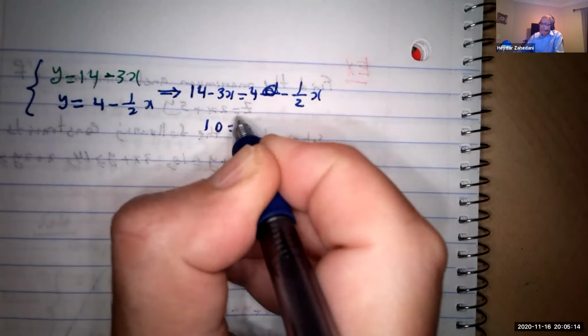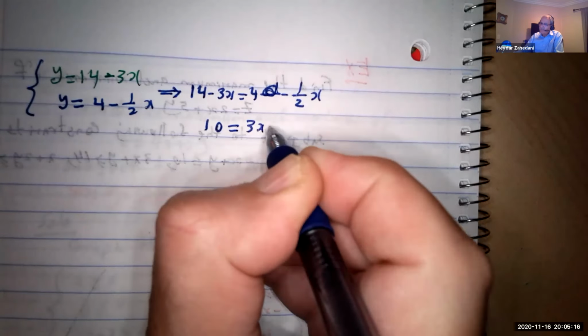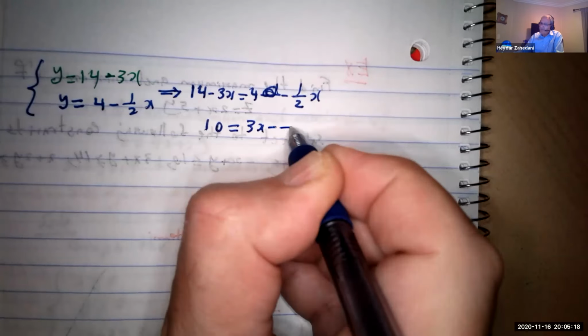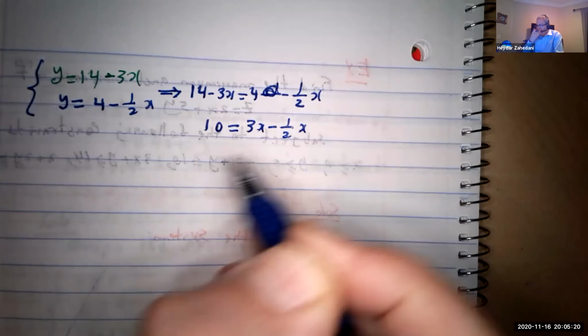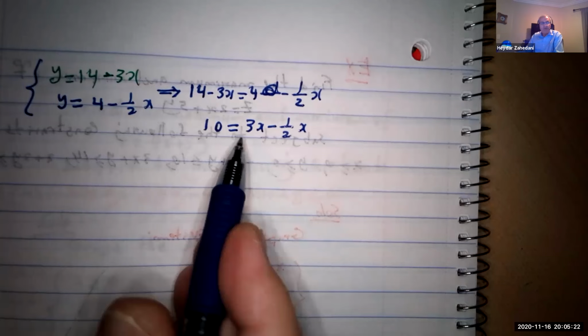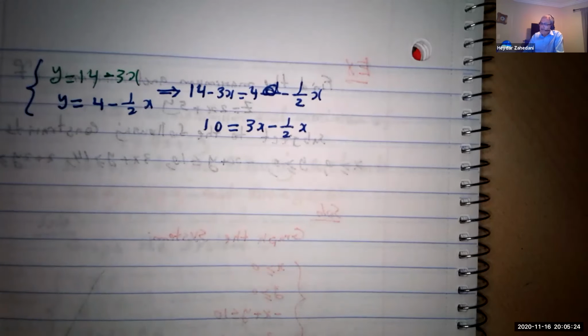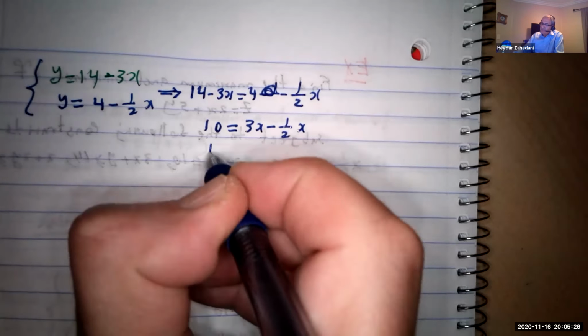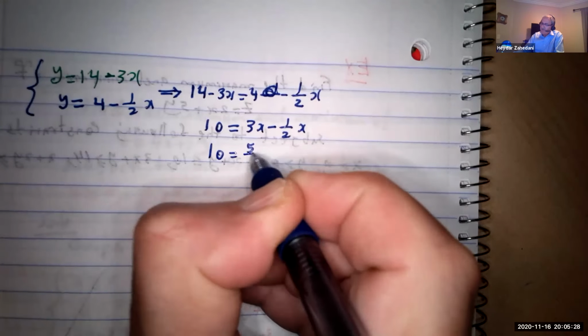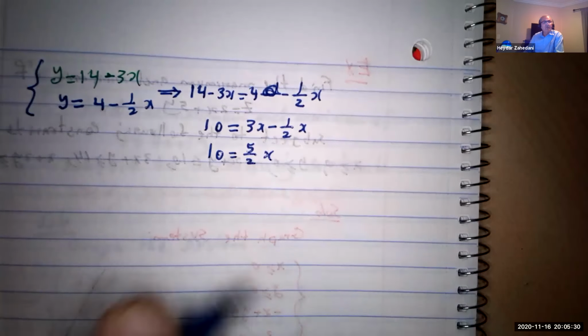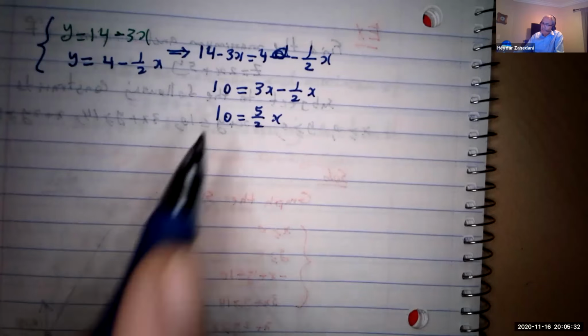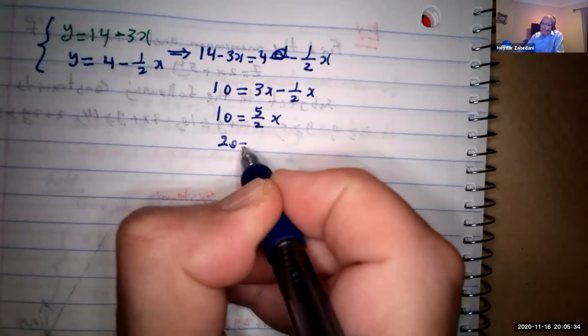This is going to be 10, and that's going to be 3x minus 1/2 of x. That gives you 2.5, or 5/2. So 10 is equal to 5/2 of x, so 20 equal to 5x.